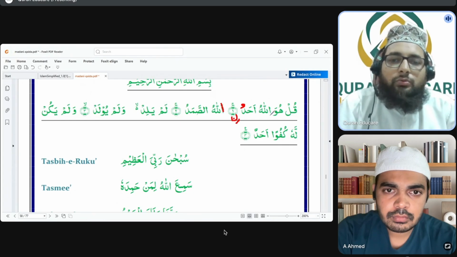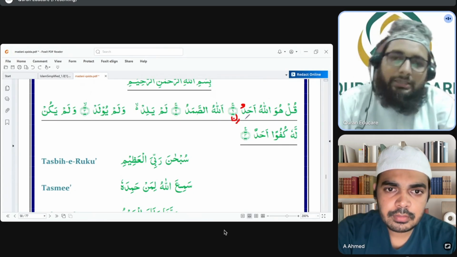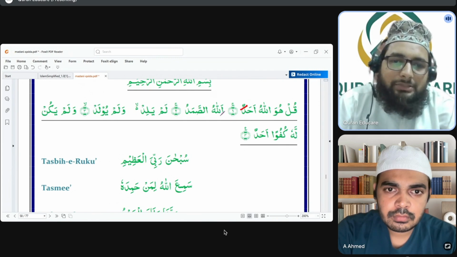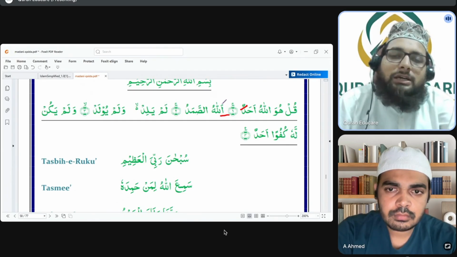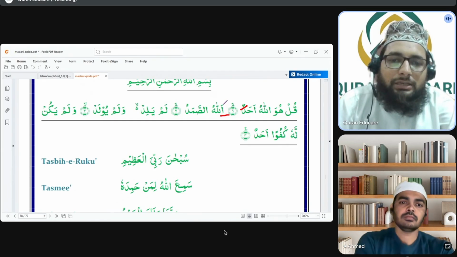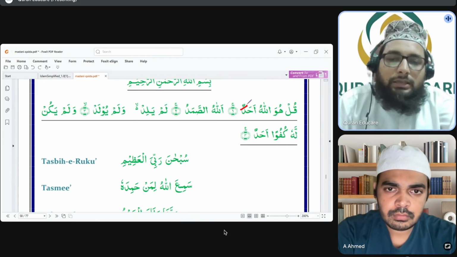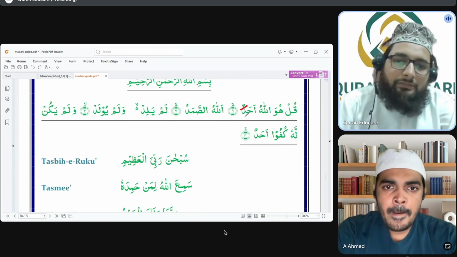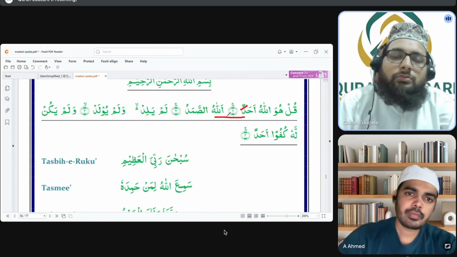How? What I'm doing actually: after tanween there's a hamza wasli. It's not a real hamza with zabar on it. So in the case of wasl, meaning continue reading without pausing, قل هو الله أحد الله الصمد.